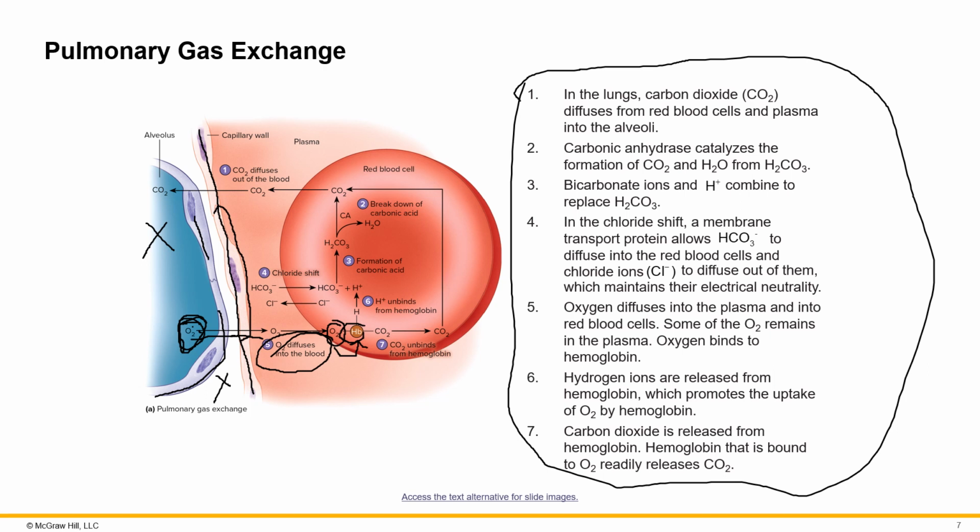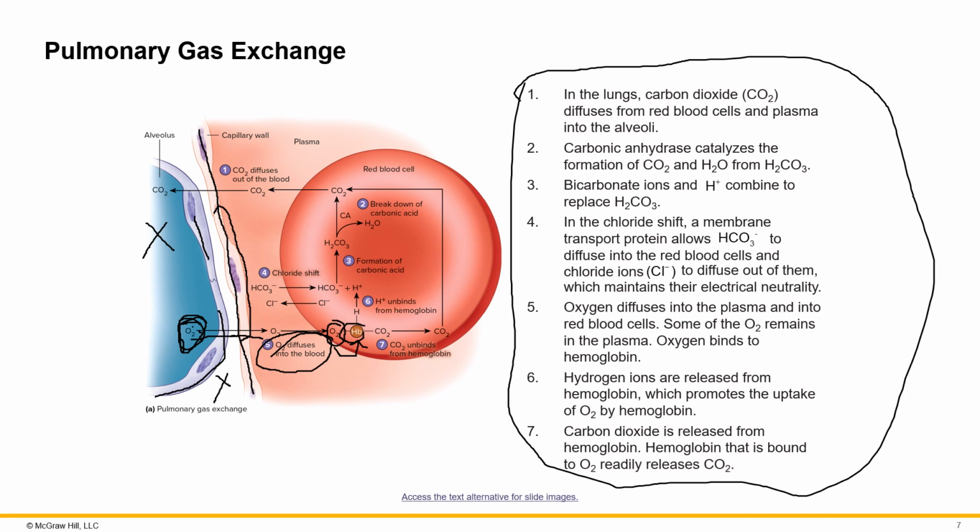Now, oxyhemoglobin is carried all over, and once it reaches the tissues, the oxygen dissociates from the hemoglobin. We're going to look at that a little bit later, and it unloads and goes into the tissues that are going to use it for the Krebs cycle.